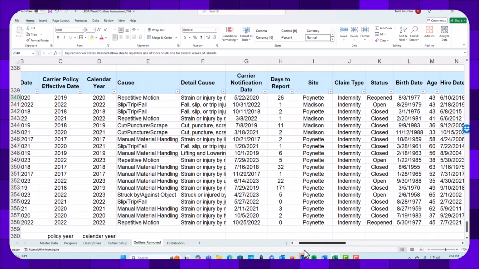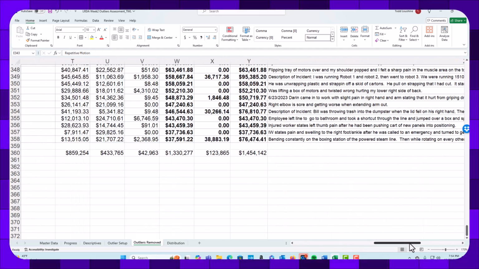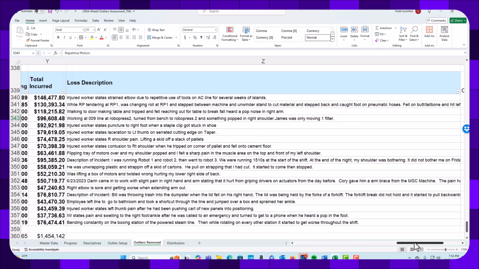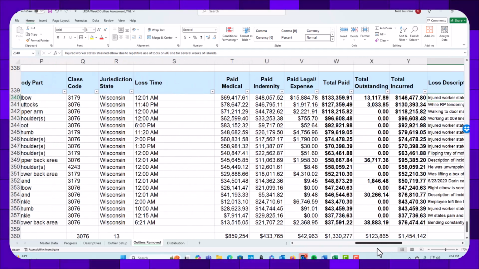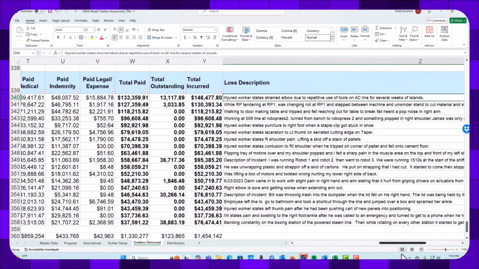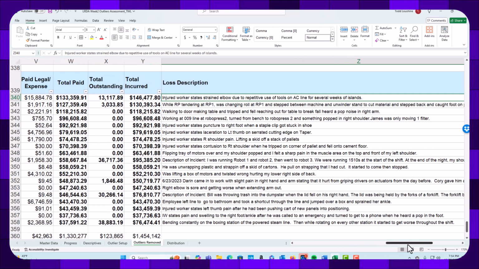Let's see, repetitive motion, we counted up, there's 4 of them. Though with manual material handling, sometimes they confuse the two. So I think that is something. Is it reopened? Because that seems like something. It is reopened. Okay, that doesn't surprise me. So that's our most expensive claim right there.